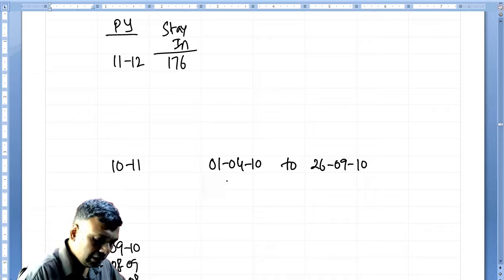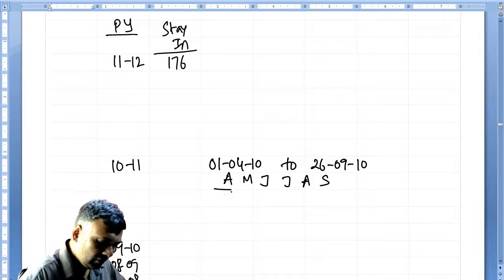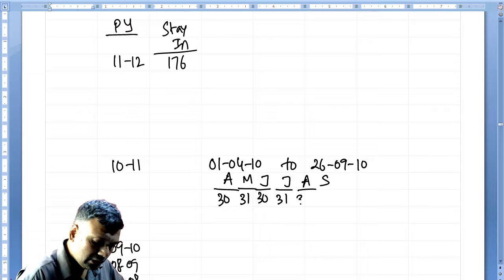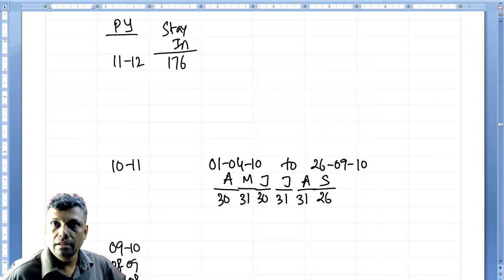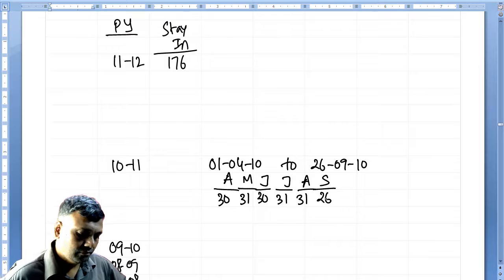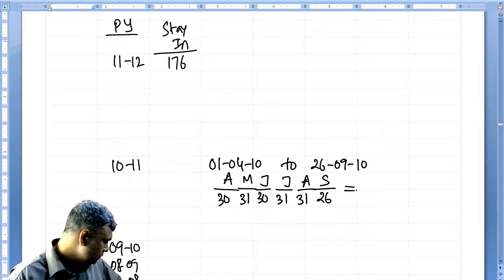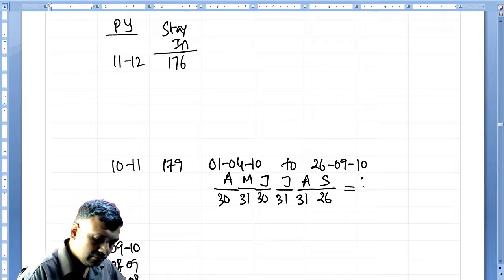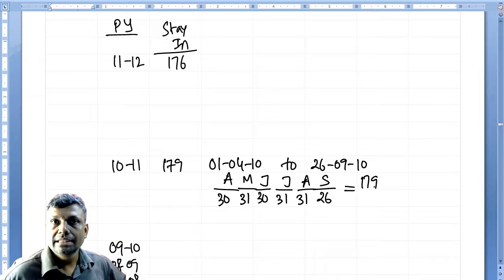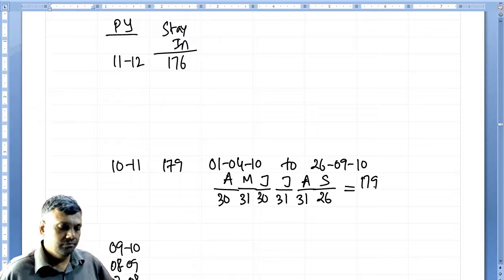He is inside India, so we'll have April, May, June, July, August, September. April is 30 days, May 31, June 30, July 31, August 31 and September is 26 days in the given question. So the total number of days is going to be 179 days. Just calculate, use your calculator.